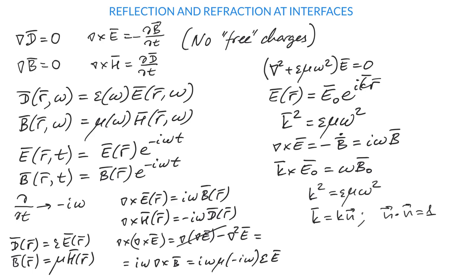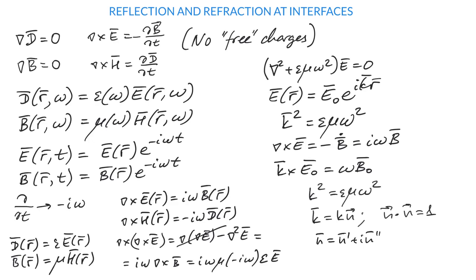We'll see later how it comes about, but for now, let's anticipate that this will correspond to the wave vector n having an imaginary part, and we can introduce the real and imaginary parts by writing n prime plus i n double prime. And then because n dot n equals 1, we have two conditions.